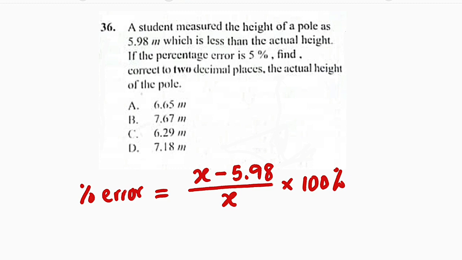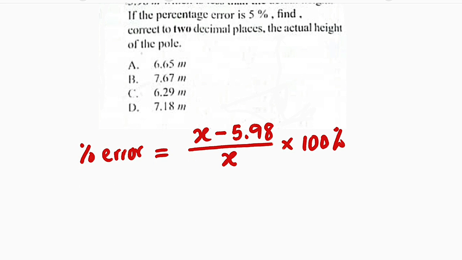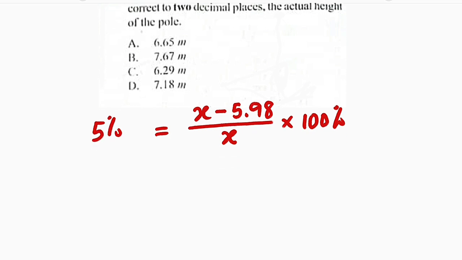I should have written this one directly, but no problem, which is 5%, right? So this is 5%. Percentage error is 5%. We are dealing with objective questions, so we don't have to show everything. So we can divide both sides by 5%.